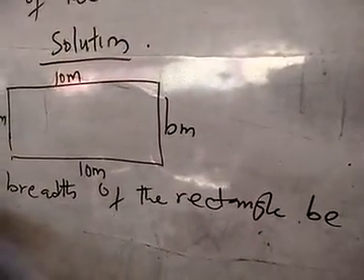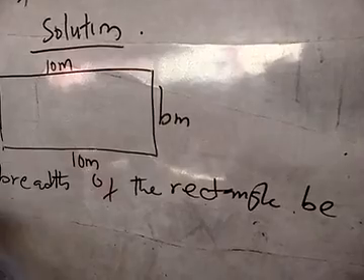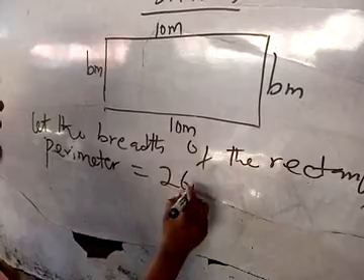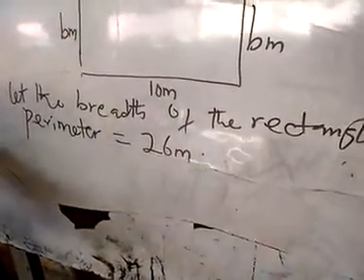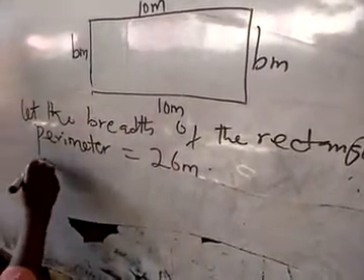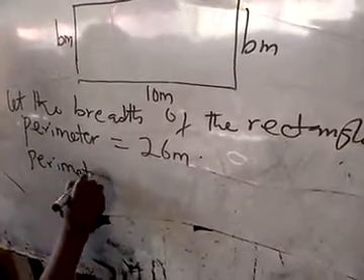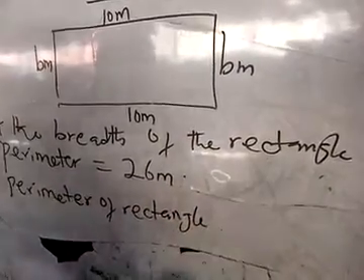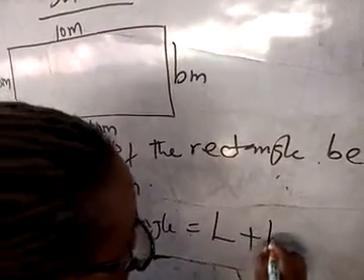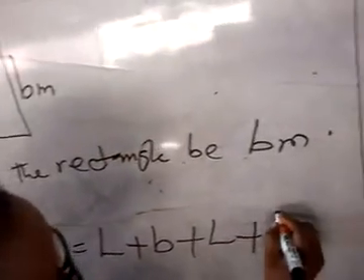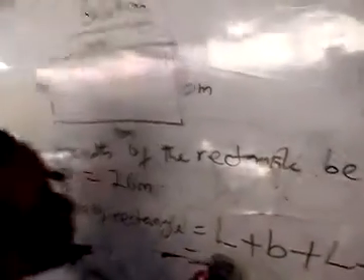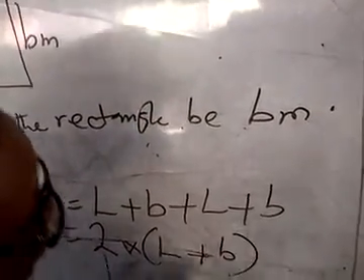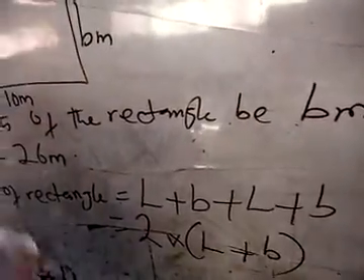I said that the perimeter is 26 meters. You know the formula for perimeter of a rectangle. Perimeter of rectangle is L plus B plus L plus B, and that will give you 2 times L plus B. You know that L is the length and B is the breadth.